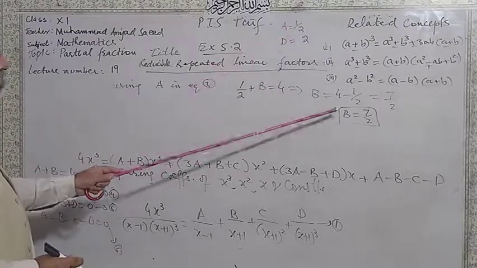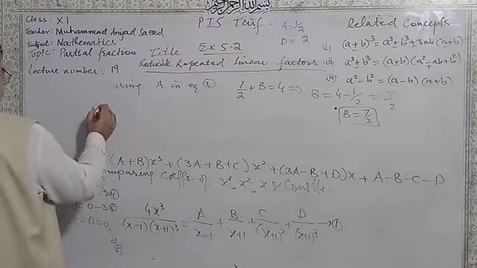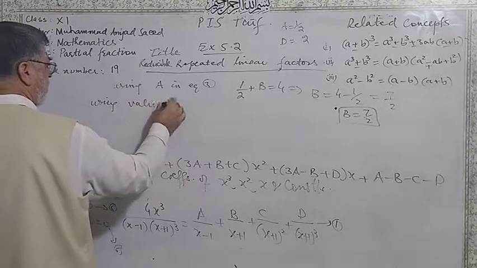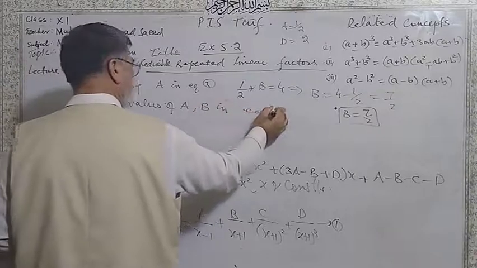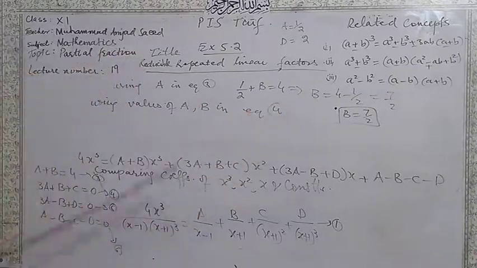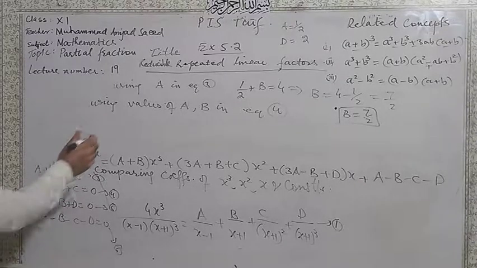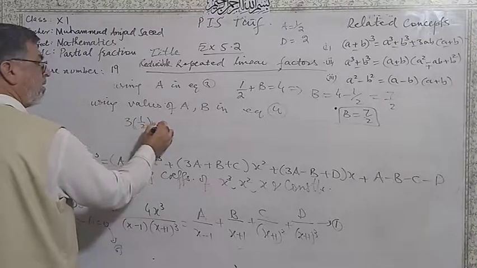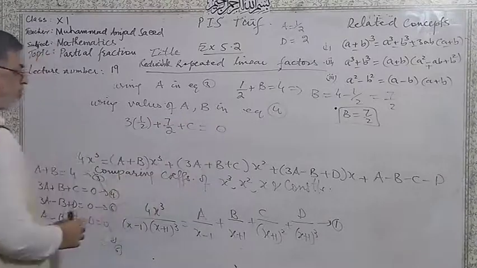In fact, a, b and d are present here. Using values of a, b in equation number 4 to find the value of c. This is 3 into a is 1 over 2, plus b is 7 over 2 plus c is equal to 0.